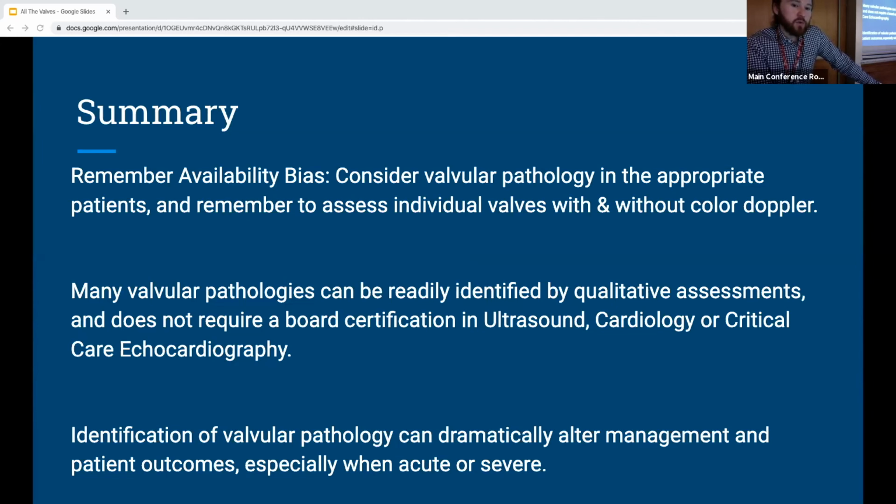And they don't require board certification in any of the echo specialties. And identification of valvular pathology can dramatically alter management and patient outcomes, especially when acute or severe. And you might really help somebody out by identifying these things early and loading the boat early, transferring them so they don't get pushed on medicine.